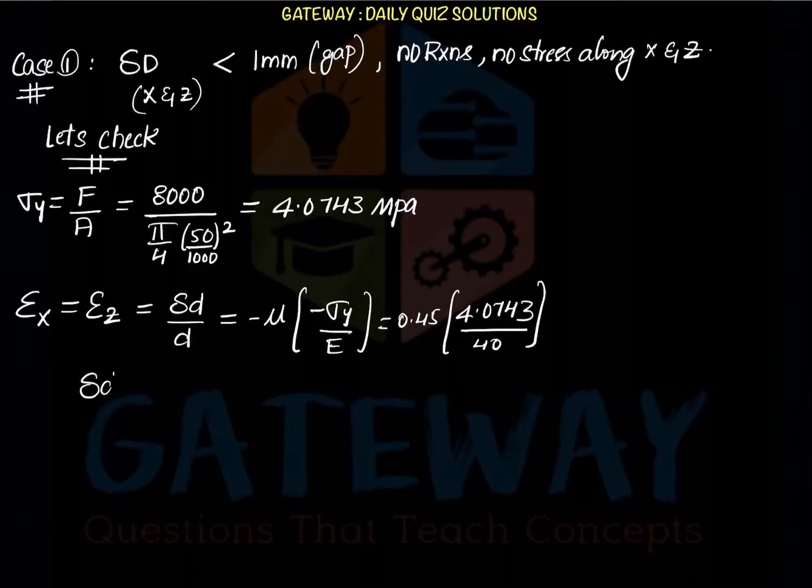Okay, from that we are getting delta D as 2.291 mm, and that is greater than the 1 mm gap. Therefore our case 1 fails.